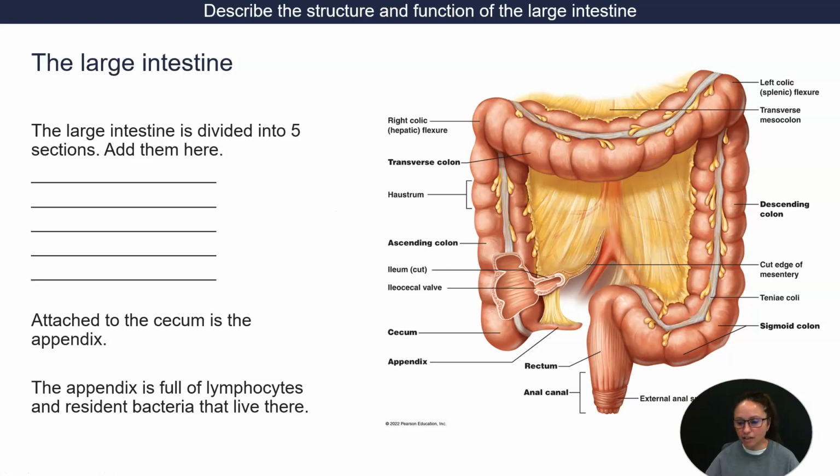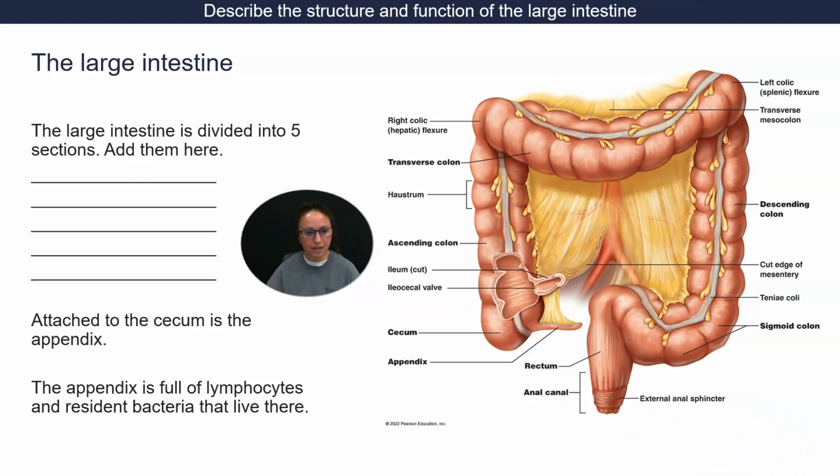I've got a little activity for you to do here. Let me put myself out of the way. The large intestine is divided into 5 sections. This is where we go in, so this is the small intestine. Let's have a look at all the sections of the large intestine.